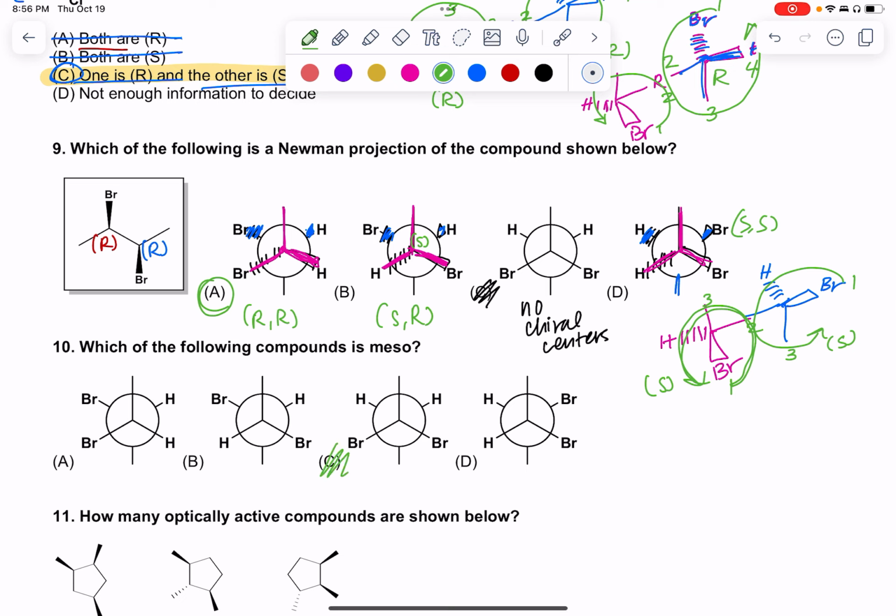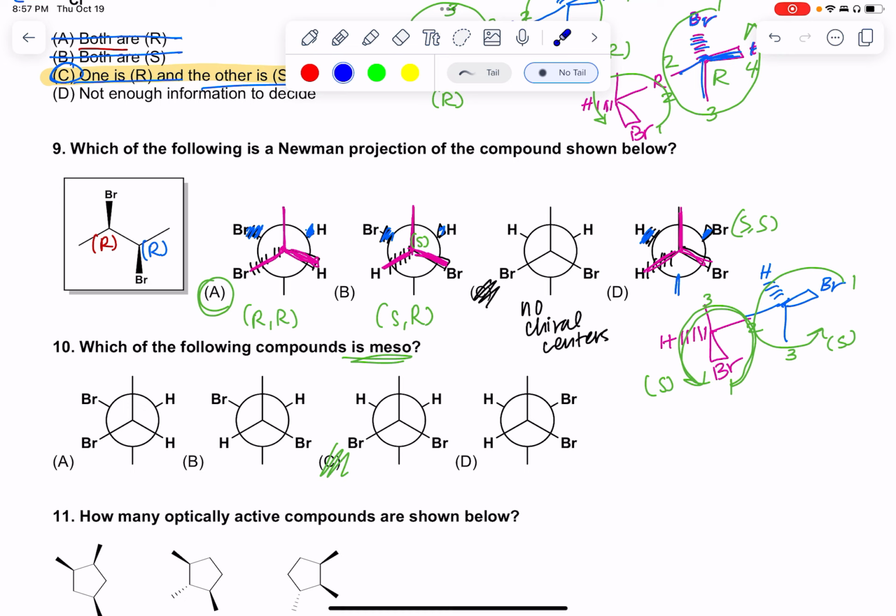We know this isn't even chiral, so they're asking us to find the meso compound. And since we've just determined the chirality and the absolute configurations for all of these compounds, now we can pretty easily figure out which one's meso. And it's the one I messed up. That's why I knew I messed it up. Because remember, if we have symmetry, we can cut this in half and say there's an H and a Br on both sides, right?